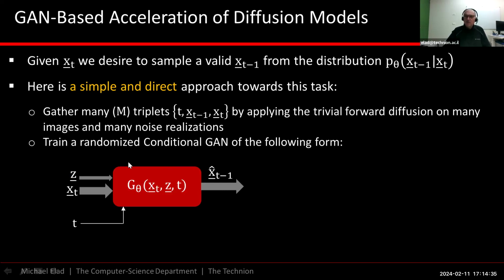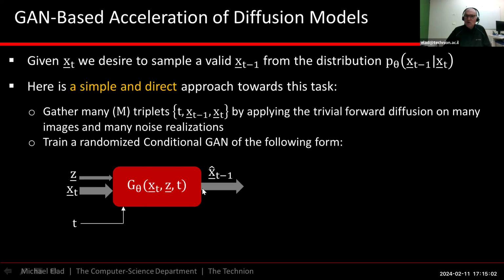Here is the generator. This generator is a miracle machine that will get xt. It will know the time t, and it will generate xt minus 1, something that aims to be a sample from this distribution. Okay, we have here an extra input. This is a seed vector, a random vector. This random vector makes sure that if you change it, you keep getting all sorts of other samplings.